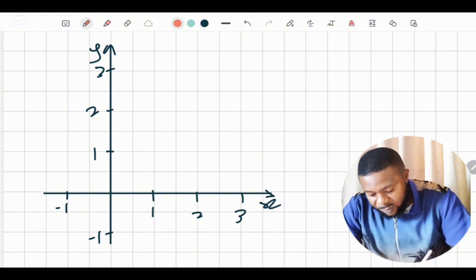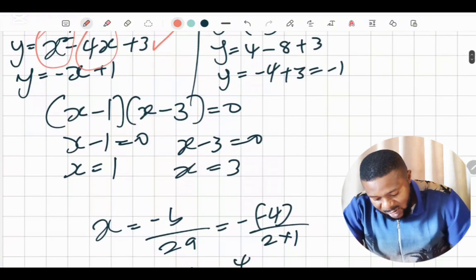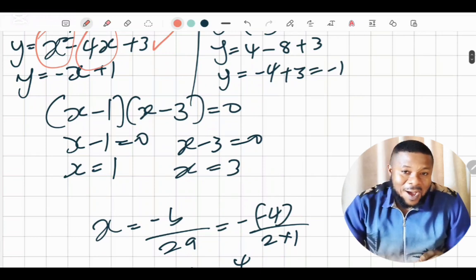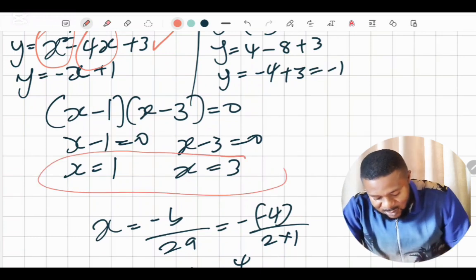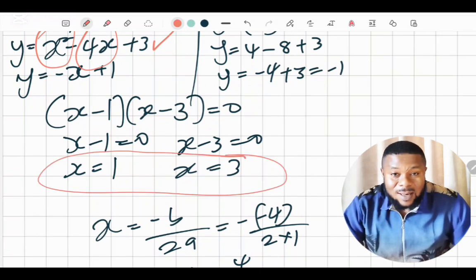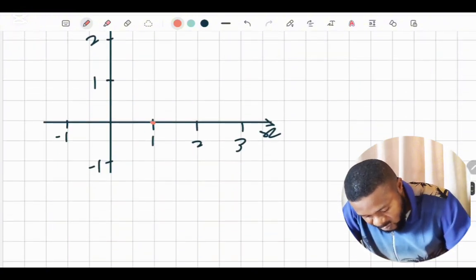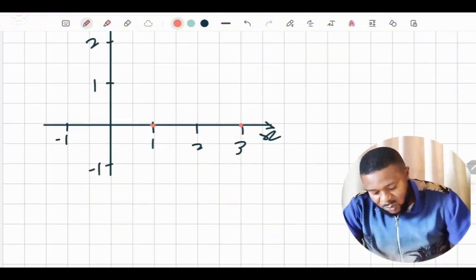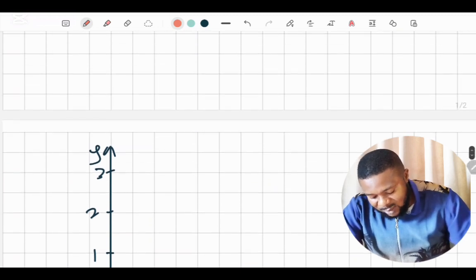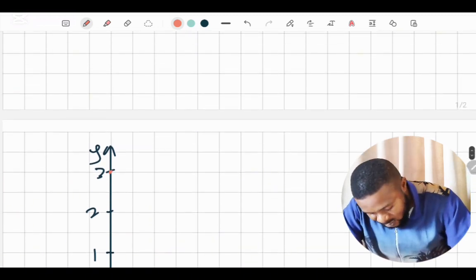From the solving, we found that our x-intercepts are 1 and 3. So we find our x-intercepts, that is where y is 0, here and here. From here, we also found that our y-intercept is plus 3.